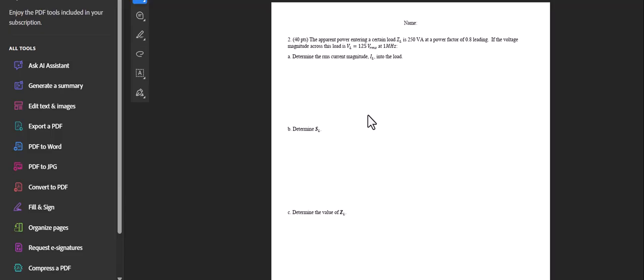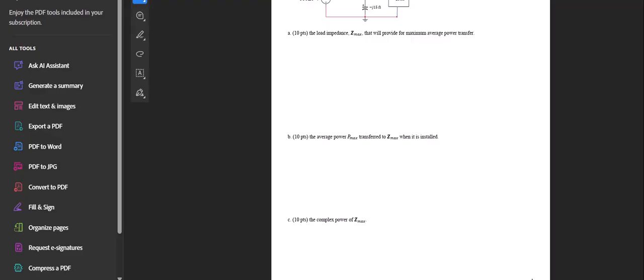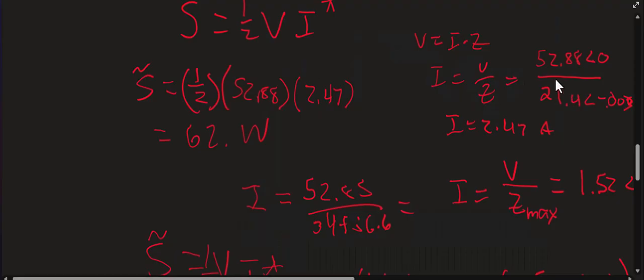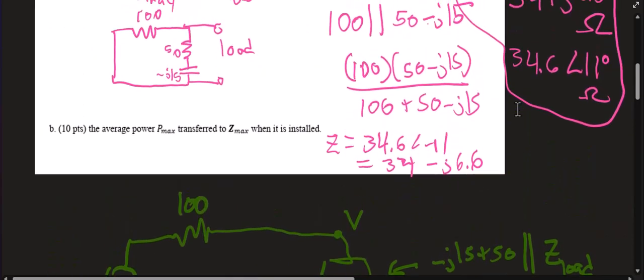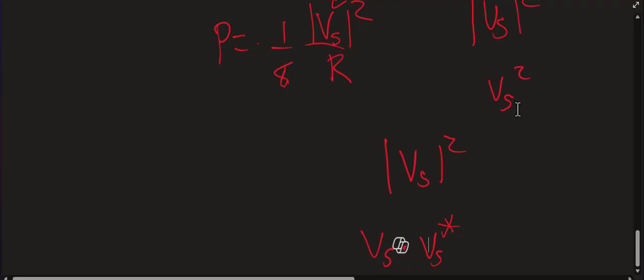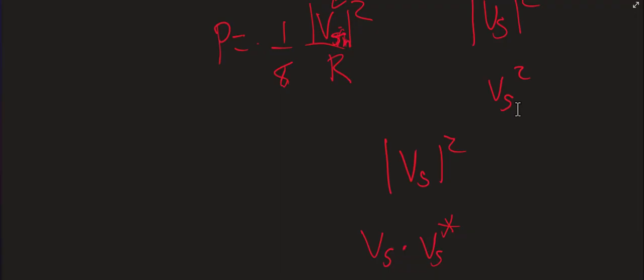Another reason not to use that formula. I mean, seriously, if you have all that stuff, go ahead. There's nothing wrong with it. But you have to remember that that's the Thevenin voltage. It's the magnitude of the Thevenin voltage squared, and this is just the real part of the resistance.